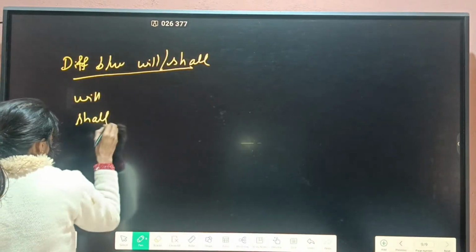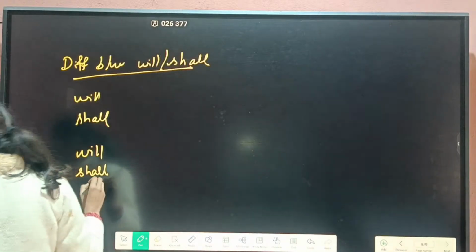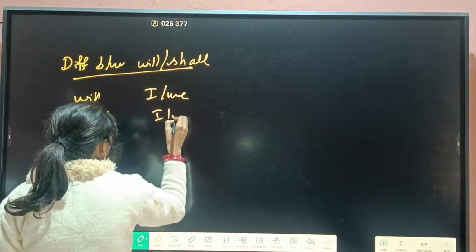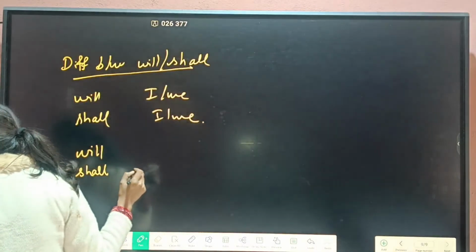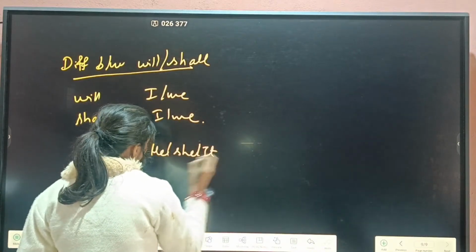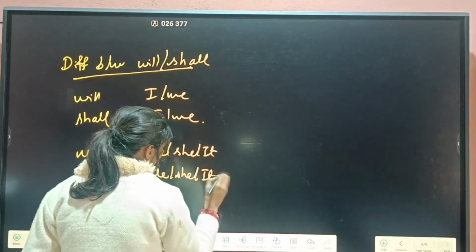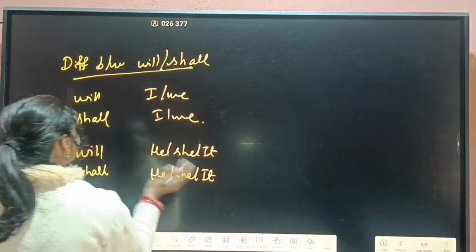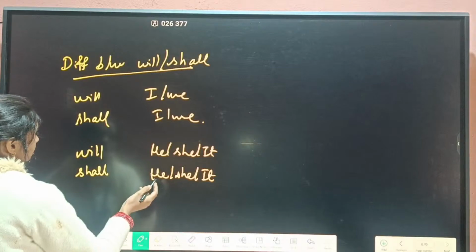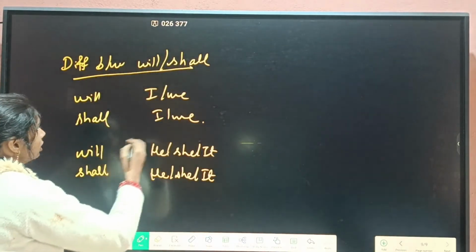Here I will write first person: I, we. And here third person: he, she, it. With he also we use he will, she will, it will. And with I we can use I will, we will, I shall, we shall.